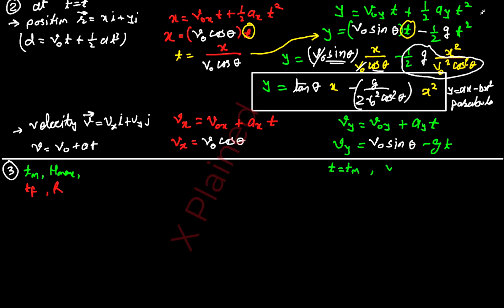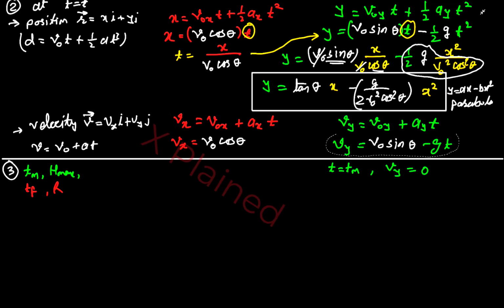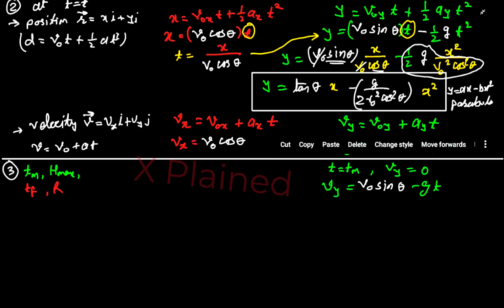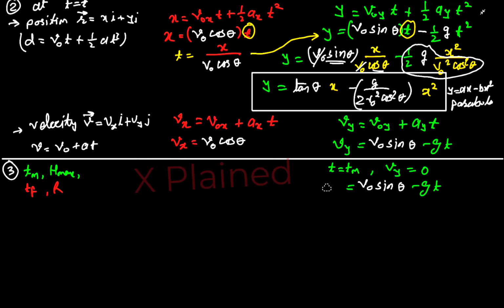At maximum height, the y component of velocity is 0. So let's use the equation of y component of velocity and substitute the values. Your y component of velocity is 0 and time is tm.